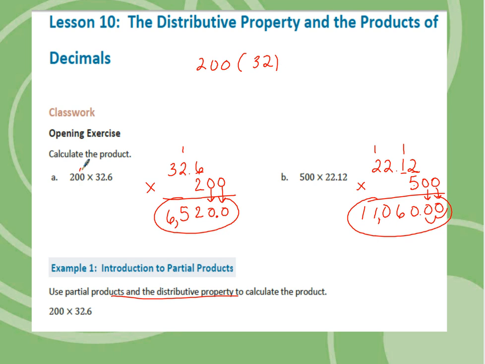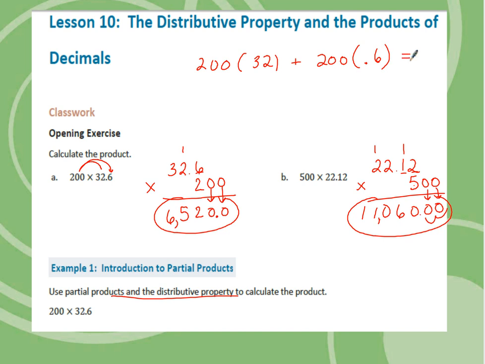So what I'm doing is 200 times 32, and to that I'm adding 200 times 0.6. So I have broken that into 2 pieces. That's one way to write it.